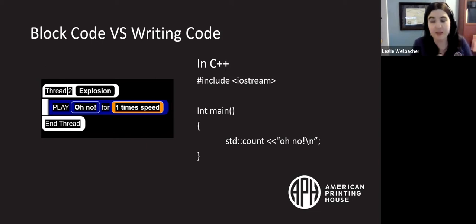And indent, std colon colon cout, less than less than, left quote, oh no, exclamation mark, backslash n, greater than sign, down a line, right curly bracket.